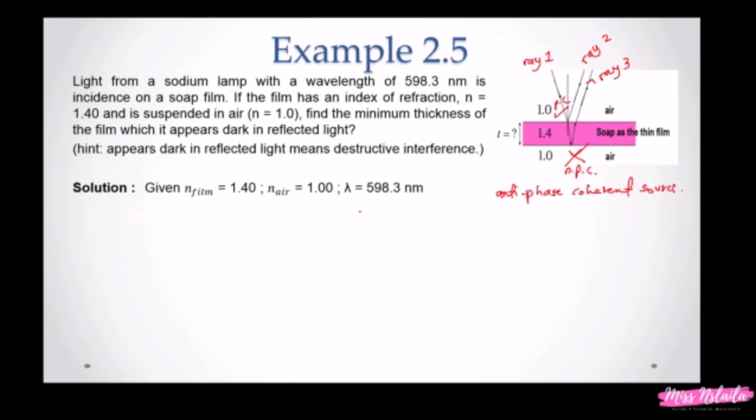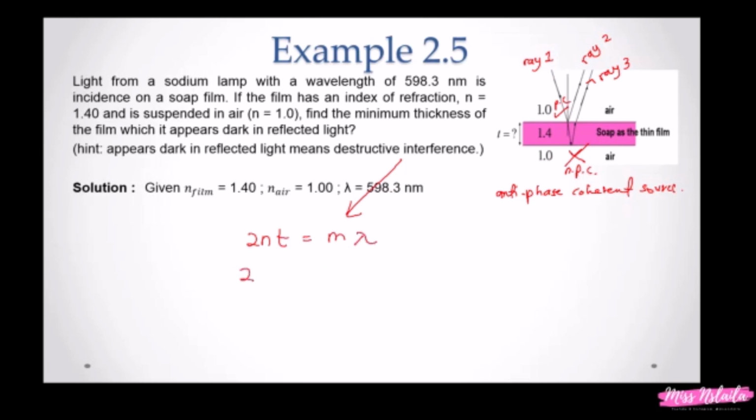So for anti-phase coherent source, there are two equations for bright and dark. If you want to find where it appears dark, or destructive interference, the condition for destructive interference for anti-phase coherent source is 2nt equal to m lambda.